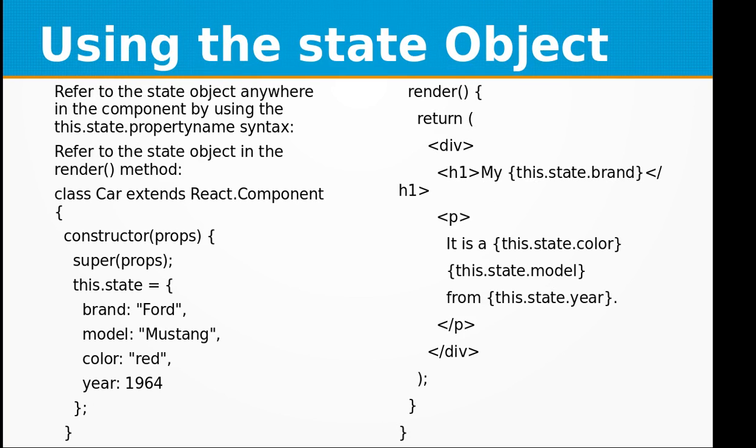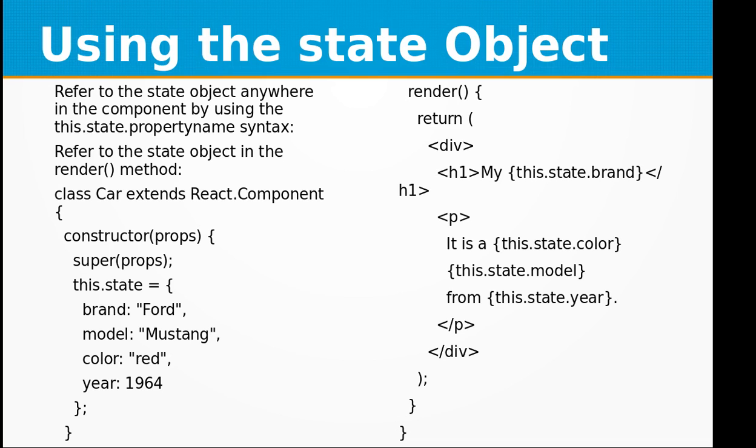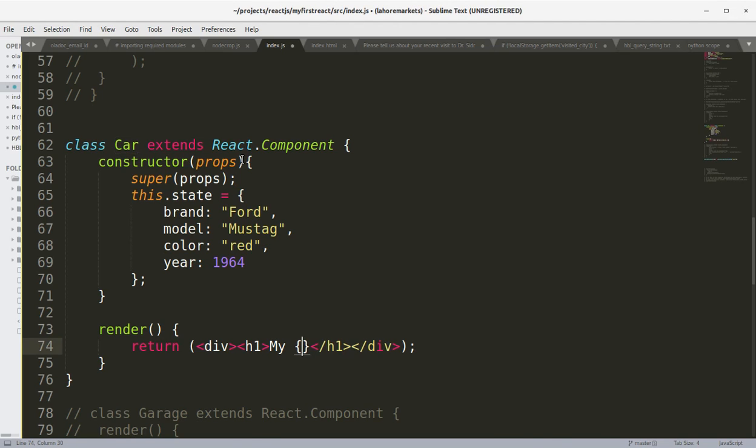Now we are going to use it in the output as well. Refer to the state object anywhere in the component by using the this.state.propertyname syntax. Refer to the state object in the render method. So in the render method we are using the return statement, and this time I'm going to use this.state.brand against My Car.